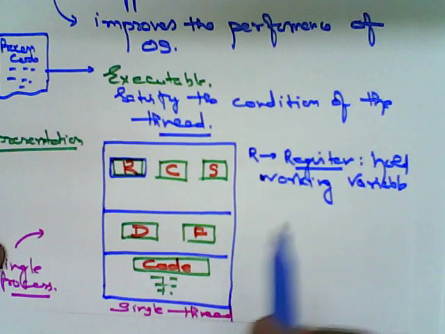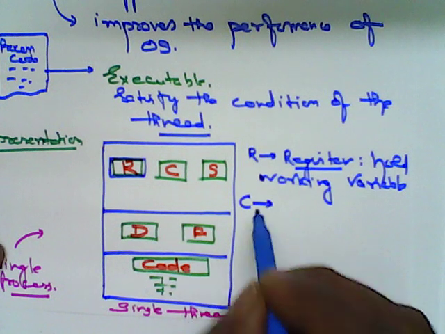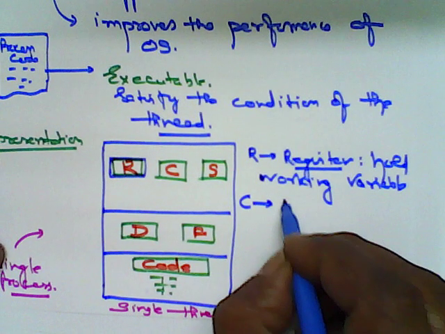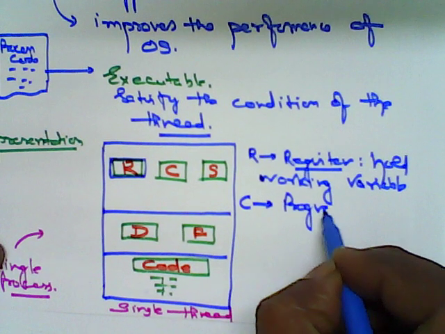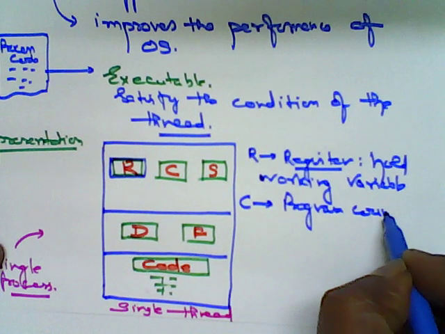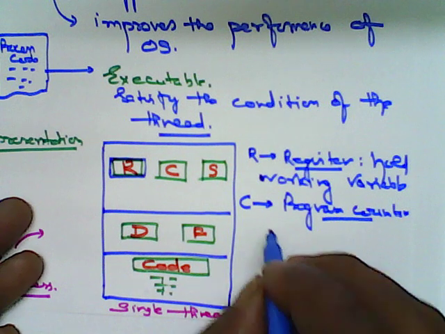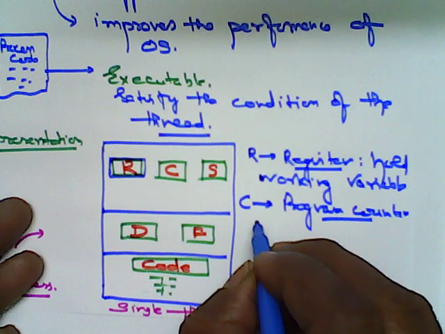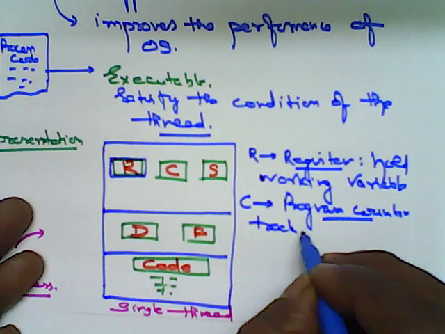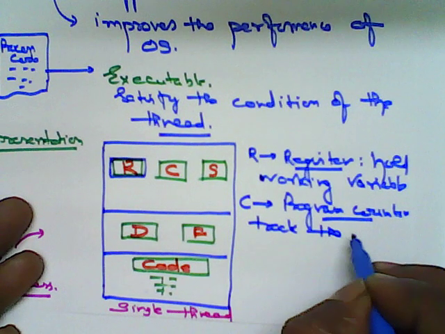The second is C, which we call the program counter. The responsibility of the program counter is to track the instructions.